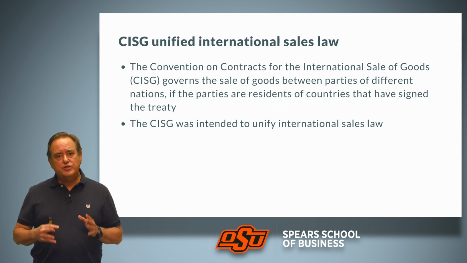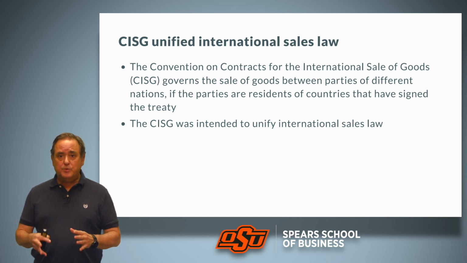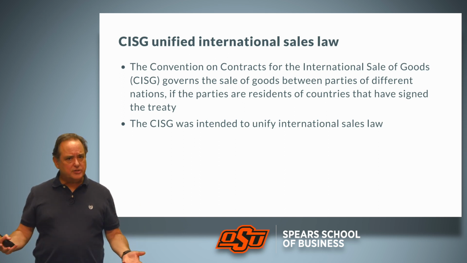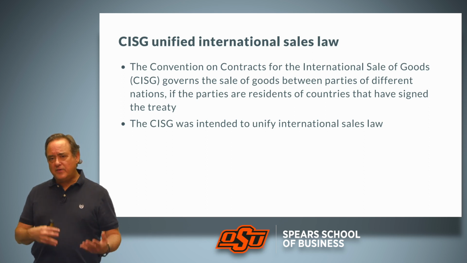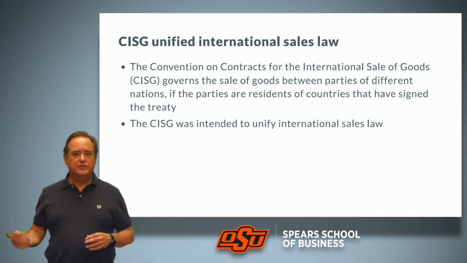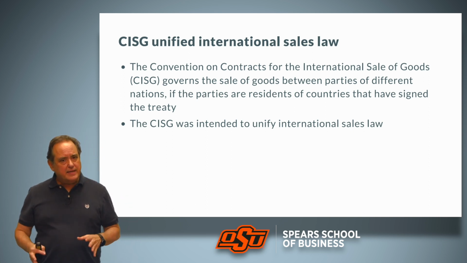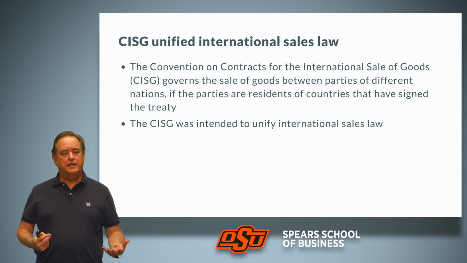So the CISG governs the sale of goods, again, only goods, tangible, movable items, between parties of different nations, if the parties are residents of countries that have ratified the treaty.